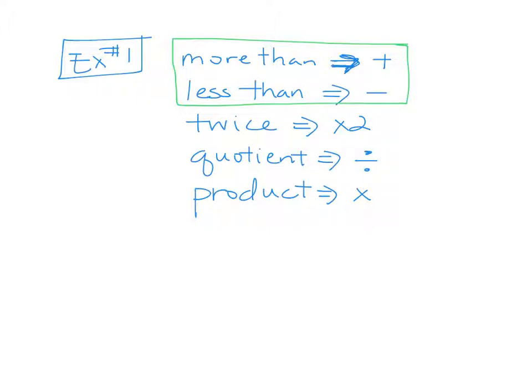So if I said, for instance, 54 more than a number n. Okay, so 54 more than a number n would actually be what? If we have to flip our stuff.